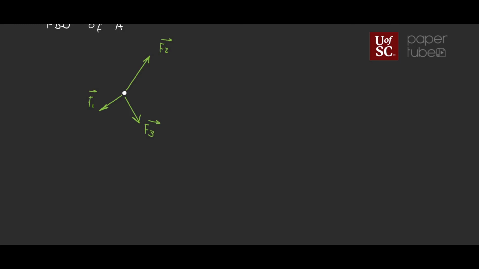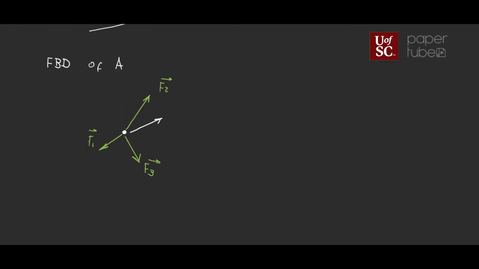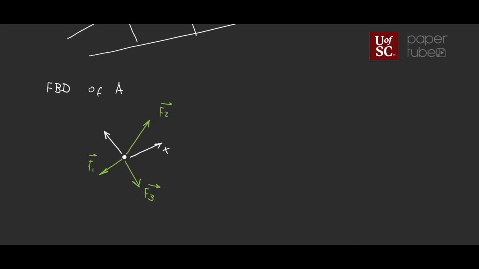Let's assume that those three cables are defining a plane. And let's say that I'm going to define my x-axis in this direction, my y-axis in this direction. I'm doing that on purpose, not horizontal and vertical, just to show you that the axis can be defined in any direction.